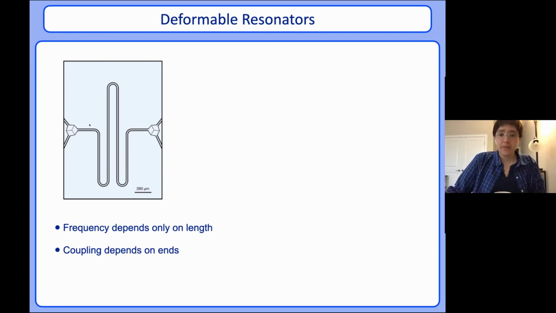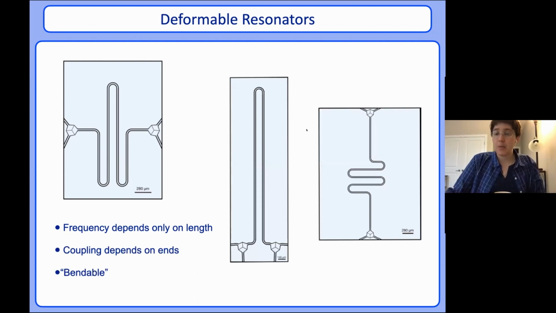When you combine that with the fact that we can meander this resonator in different ways, it means that you can take the same resonator and realize it in a bunch of different shapes. These 3 CAD designs look very different at the hardware level to us from the outside, but from the point of view of a microwave photon traveling inside this circuit, these can be completely identical lattice sites with the same resonance frequency and the same connectivity.